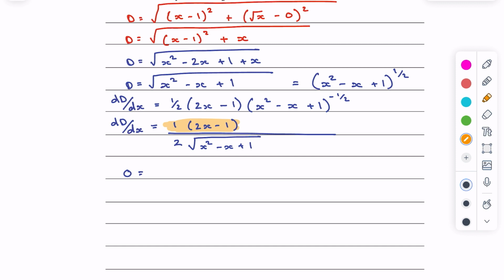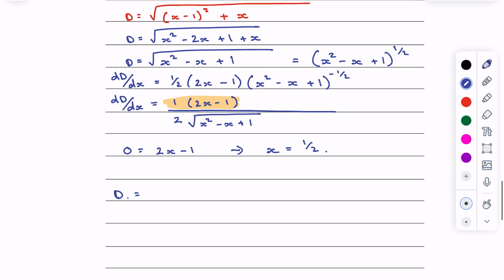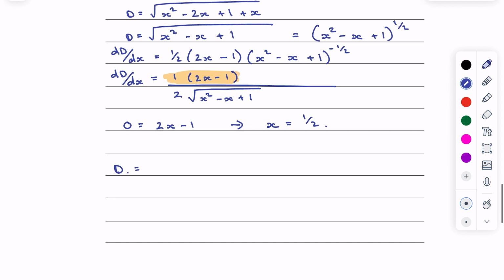So what I'm going to say here is that 0 equals 2x minus 1, which gives us a result of x equals a half. So when x equals a half, then we want to find the distance. So we found the value of x, but we want to find the distance. Okay, and the distance is square root of x squared minus x plus 1.